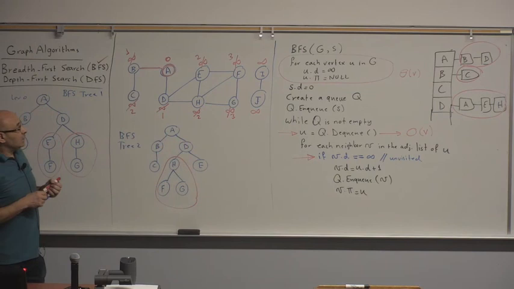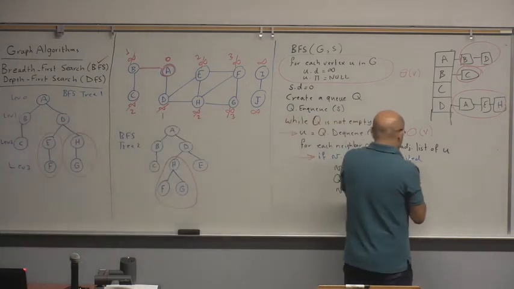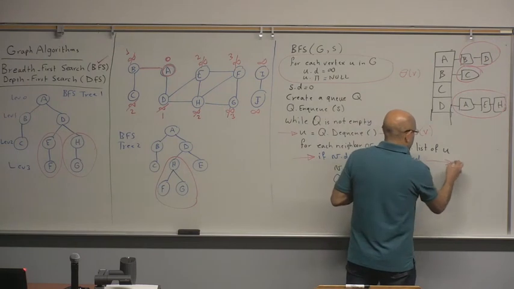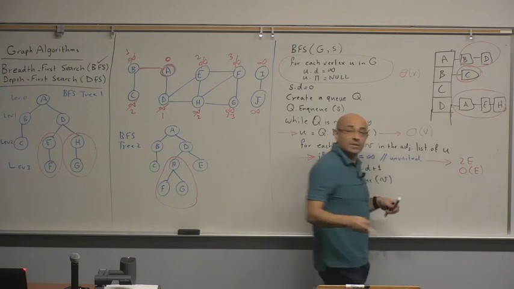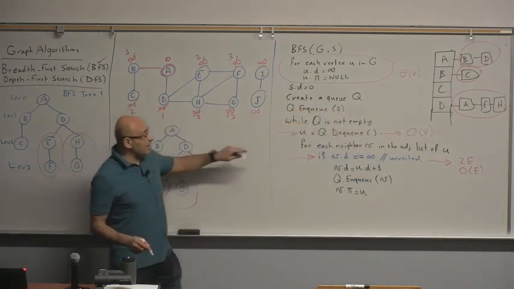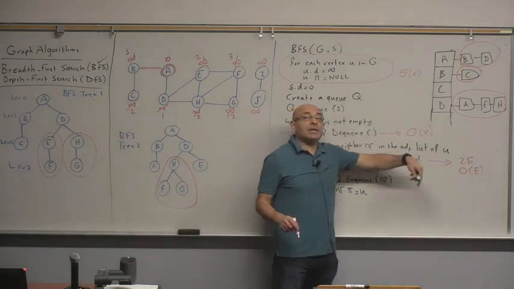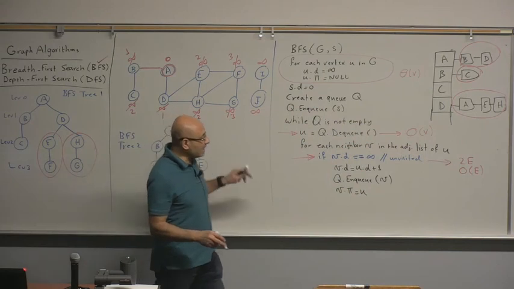Okay? So in fact, this is going to be limited by 2e. So this is going to be 2e or O of e. But it's O of e, it's not O of e for every vertex. It's O of e in aggregate throughout the entire algorithm. So this is an aggregate analysis.